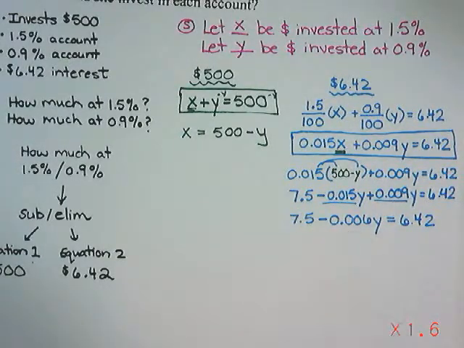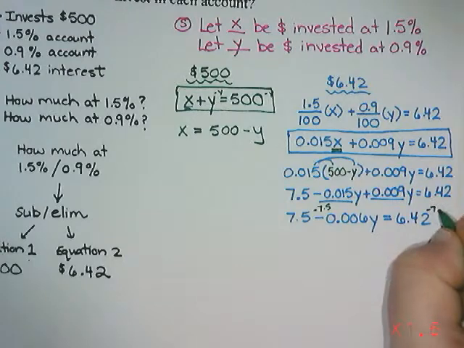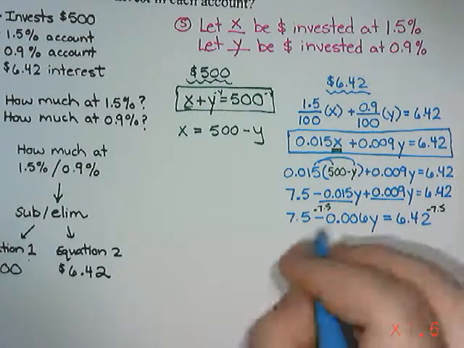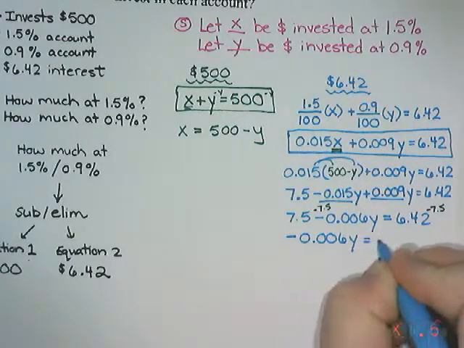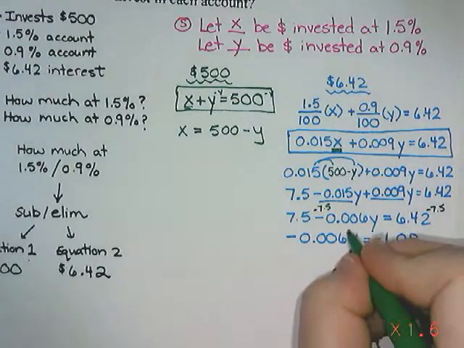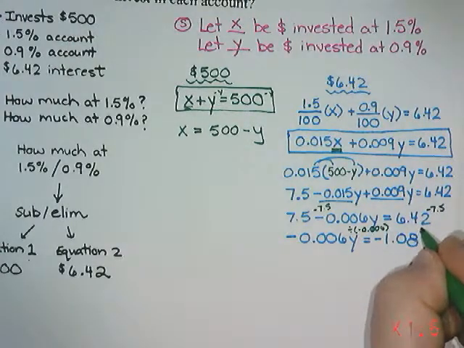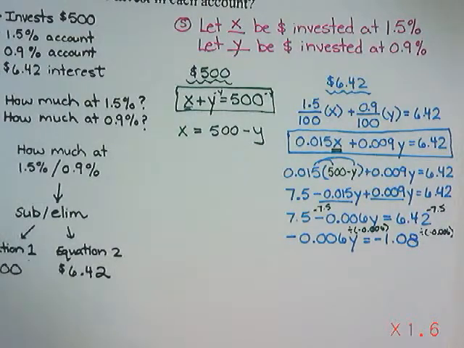The negative belongs to the 0.006. So I'm going to take 7.5 away from both sides. And I get negative 1.08. So I have negative 0.006y equals negative 1.08. And then I'm going to finish off by dividing by negative 0.006. And I end up with 180.